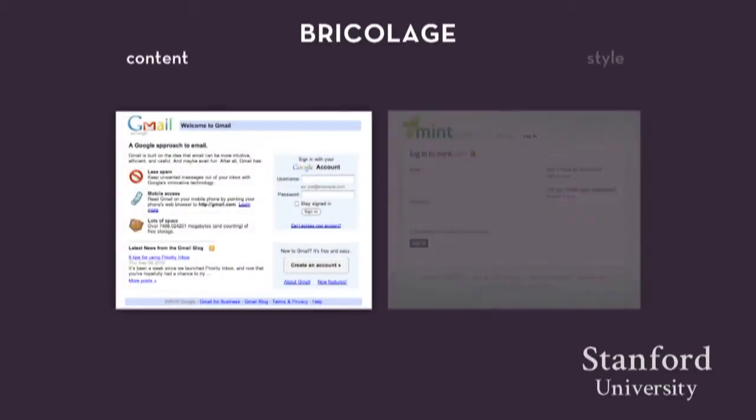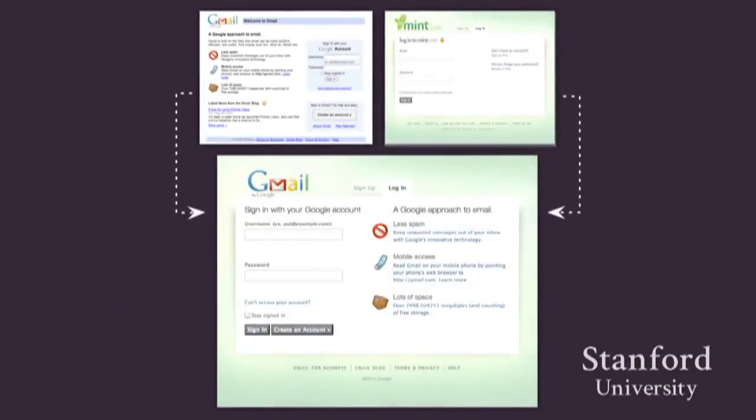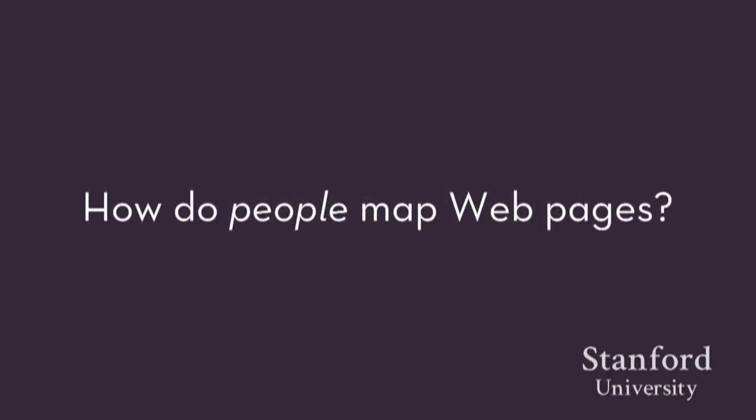Bricolage is an algorithm that uses design mining data to provide one-click retargeting between web pages. Given two web pages, Bricolage automatically transfers the content from one page into the style and layout of another. At a glance, this seems like a difficult interaction to enable.